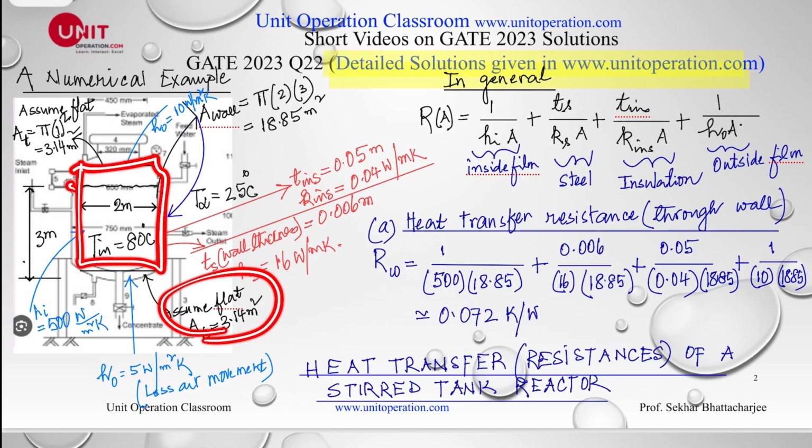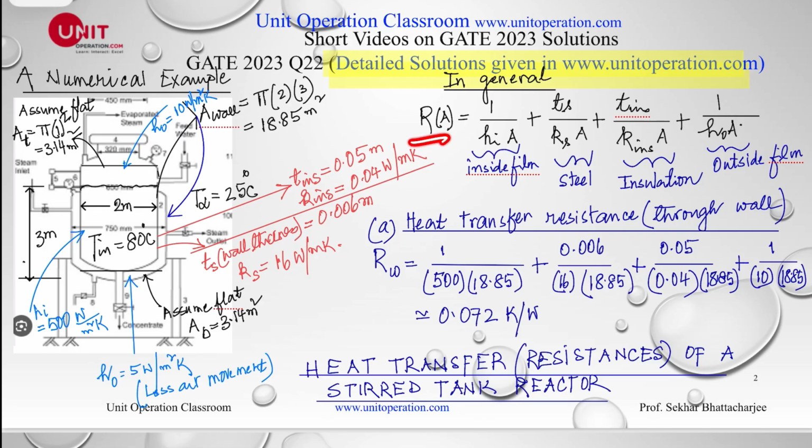So the resistance for any particular circuit is basically for the inside film. Then we have the steel, whether it's top or here, the resistance due to the steel, then the resistance due to the insulation, and then the resistance to the outside film. So for the heat transfer resistance from here, as you can see, this is 500, which is 1 over hA.